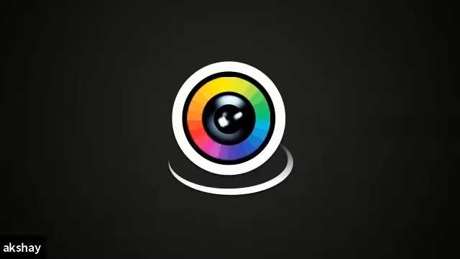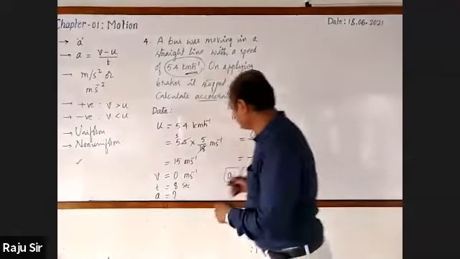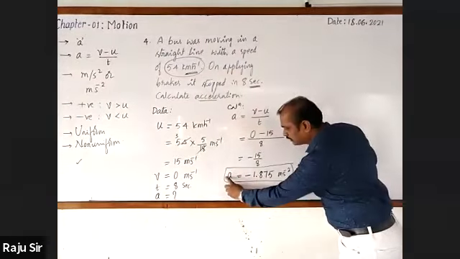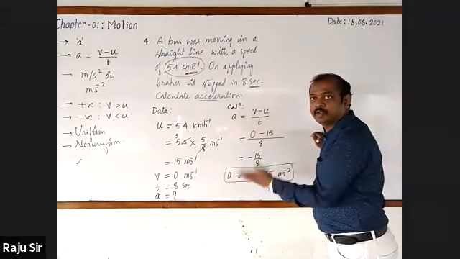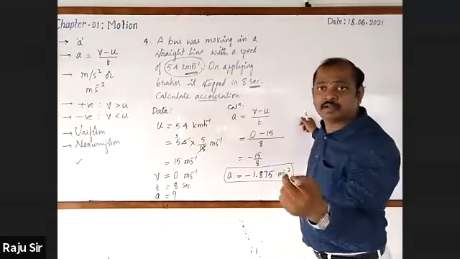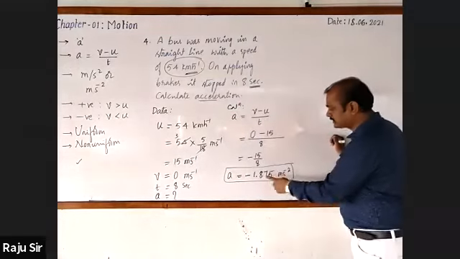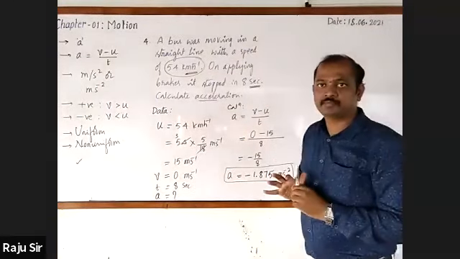This can be indicated by the minus sign. So it is negative acceleration. So negative acceleration or retardation or deceleration of the bus is 1.875 meter per second square.